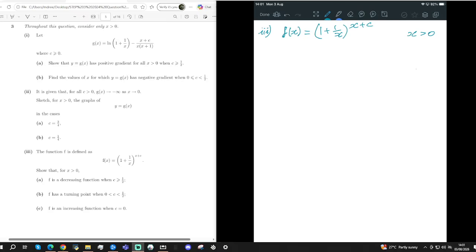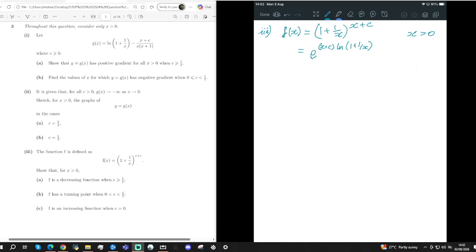So 3 different-ish skills, all of which unfortunately require the derivative of this f. So we need to somehow work out how to differentiate f. And if you've seen this kind of function before, the trick is to write it as e to the power of ln of the thing, and that allows you to bring the power down in front of the ln, still up in the power of e.